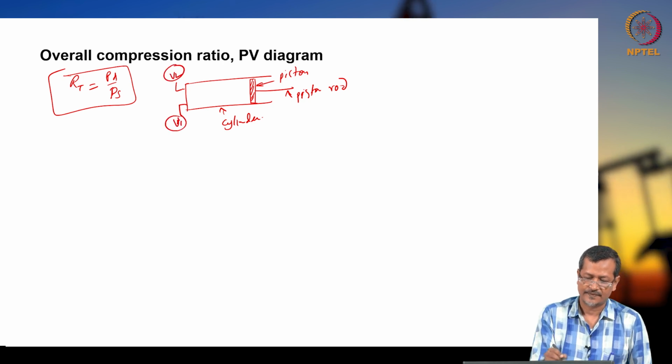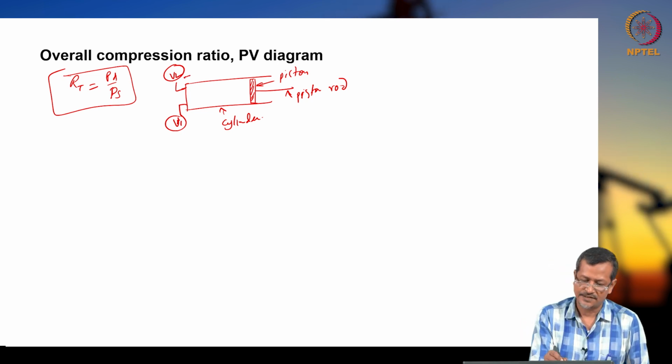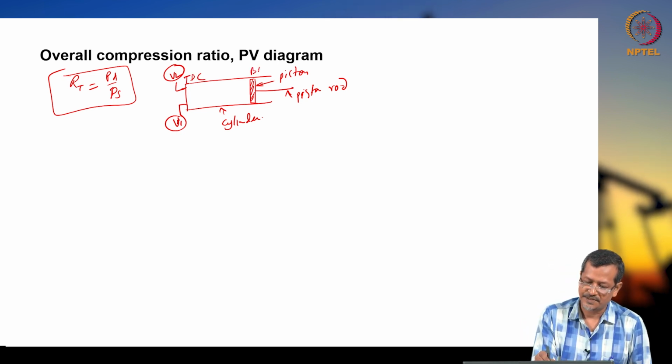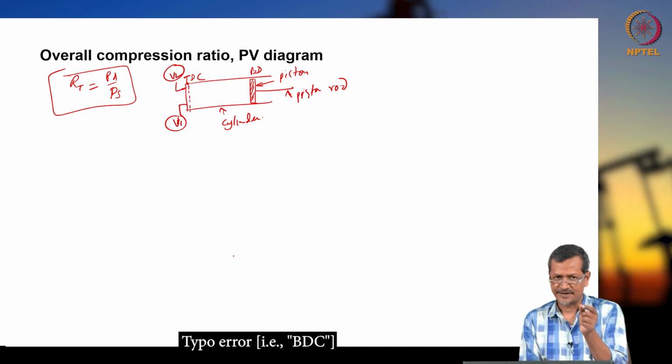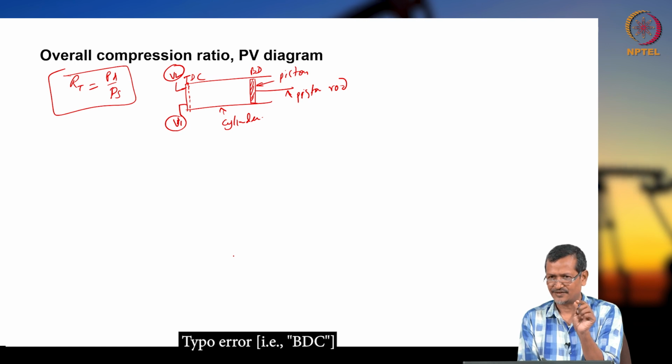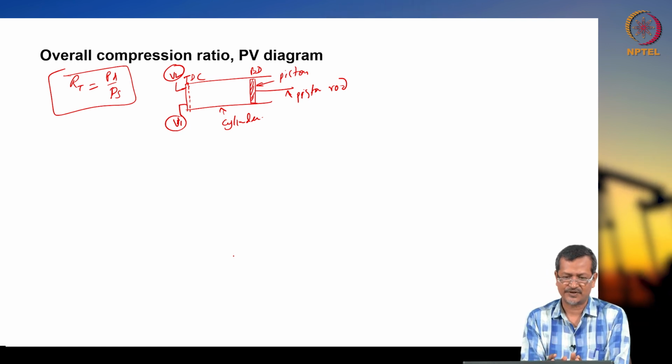When the piston is moving left to right, TDC, BDC, maybe TDC this one, because I said some clearance must be given. Otherwise it will hit the cylinder, and that is not desired for mechanical reasons.